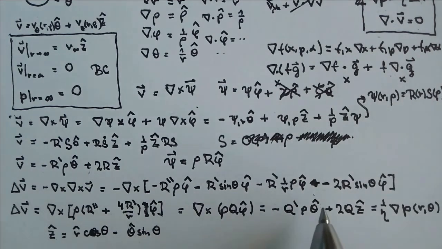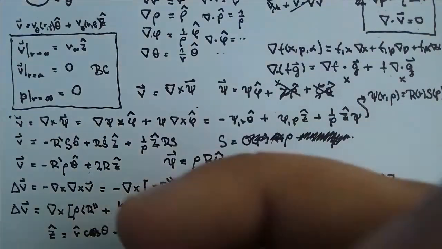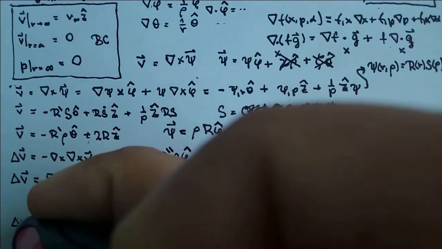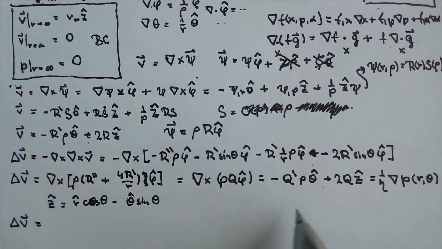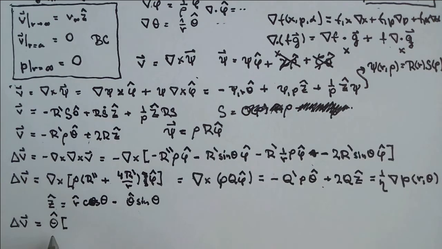If I substitute this here, I will get this expression for the Laplacian of v. So from this you can see that the Laplacian of v is exactly, the first term is gonna be phi and some multiplication of something.